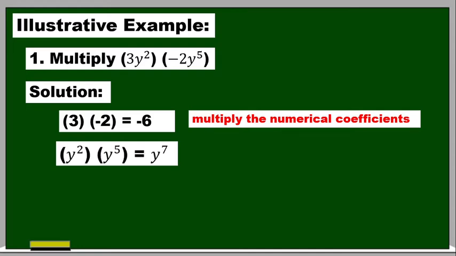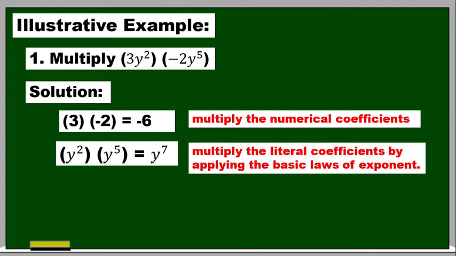And then we have the variable y squared multiplied by y raised to the 5th power. So the exponents are added. Multiply the literal coefficients by applying the basic laws of exponent, and that is product of a power. Okay?